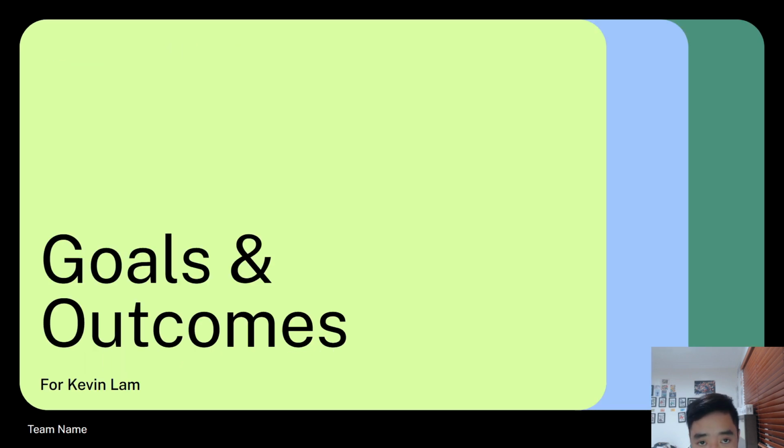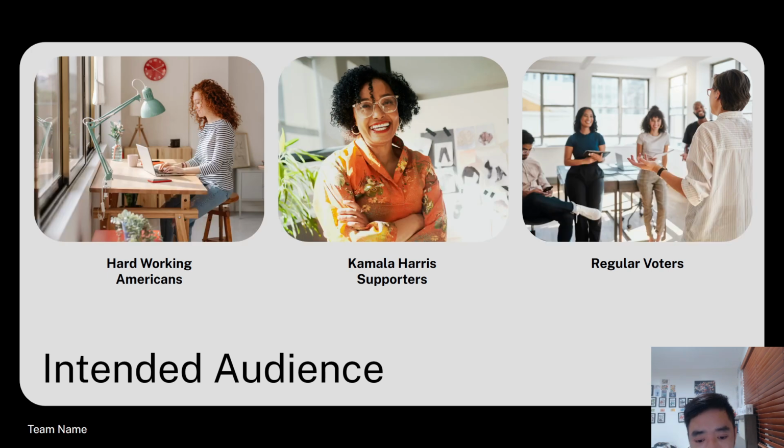So the goals and outcomes: my intended audience is everybody, Americans, Kamala Harris supporters, and just regular voters, just to see where all this money goes. You see all these presidential campaigns, they have a lot of money, they spend a lot of money. I just want to see what these campaigns spend their money on.